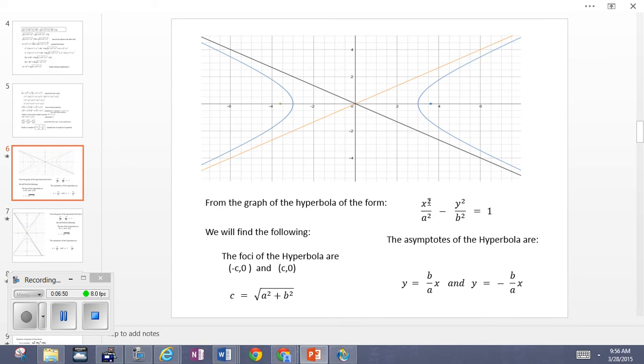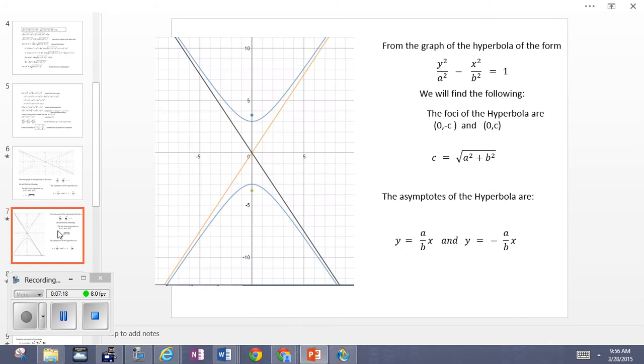Having that in place, using the simple Pythagorean identity we can find the value of C, and therefore indicate the coordinates of the focus point, and then with A and B indicate the equations of the asymptote lines.